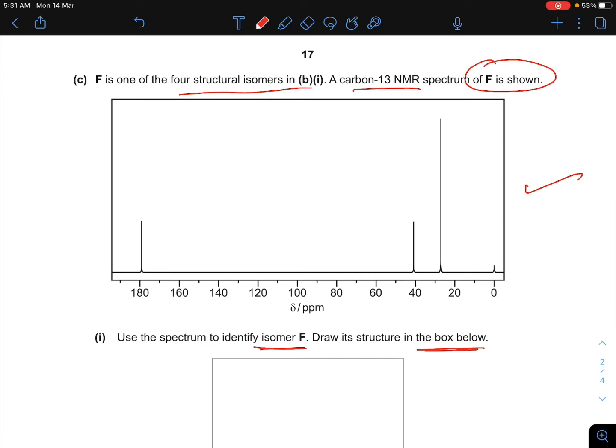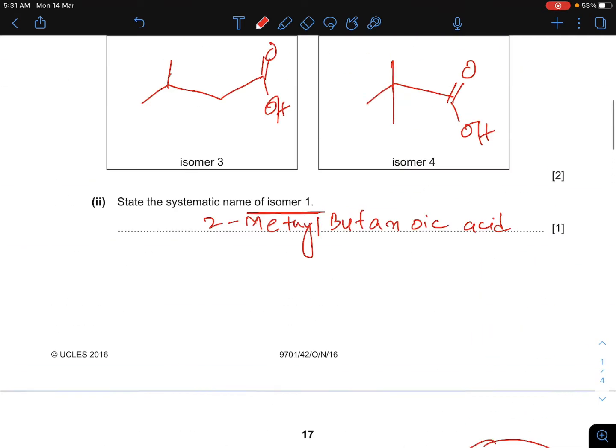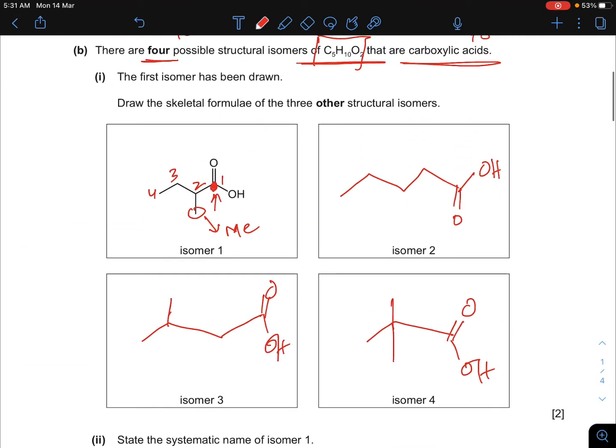Now, how many peaks do we have in this spectrum? This one is from tetramethylsilane, the reference material, so we will not count this one. Then we have 3 peaks, 1, 2, and 3. So that means 3 different carbon environments. In which structure do we have 3 different carbon environments?